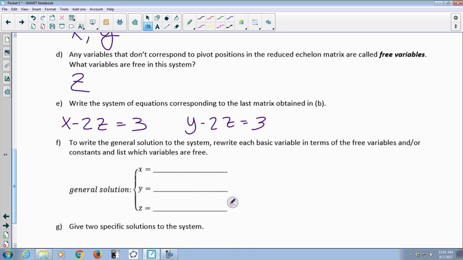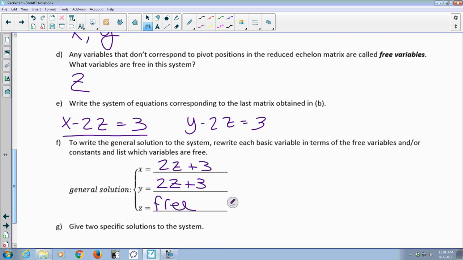There's an infinite number of solutions. So to write down the general solution, you solve for each basic variable in terms of the free variables. So if I look at x minus 2z equals 3, x is basic, z is free, solve for the x. So x is 2z plus 3. In the next equation, y is basic, z is free, solve for the y. So y is also 2z plus 3. And then z is free.